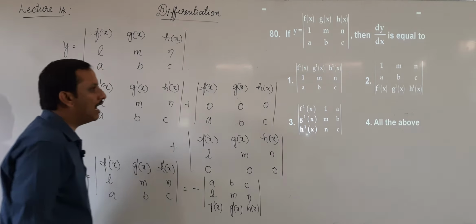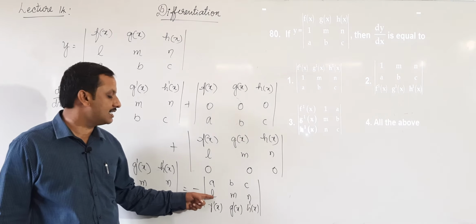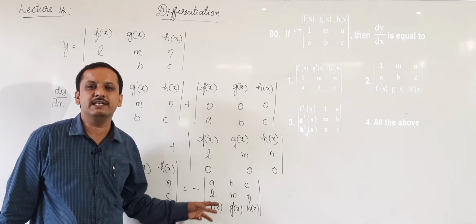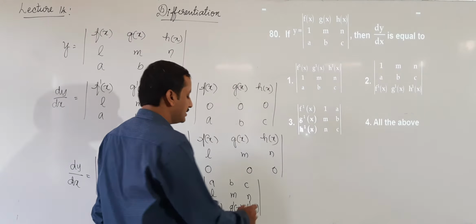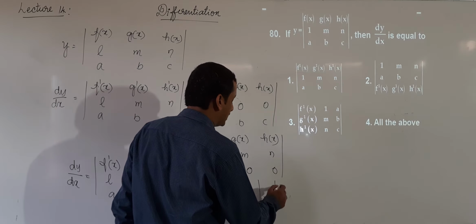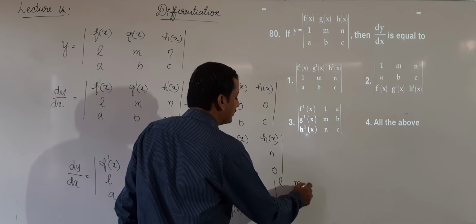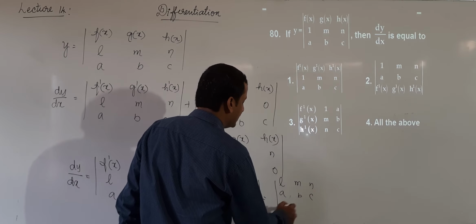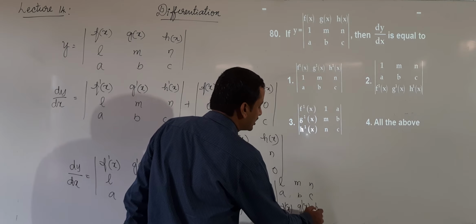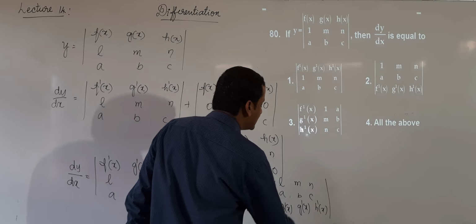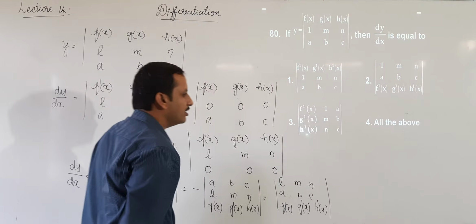After that, I will interchange the first and the second rows. When I interchange two rows, the sign changes again. So, it will be minus into minus plus. You will have L, M, N, A, B, C, f dash of x, g dash of x and h dash of x. So, what it suggests is that the first option is the same as the second option.